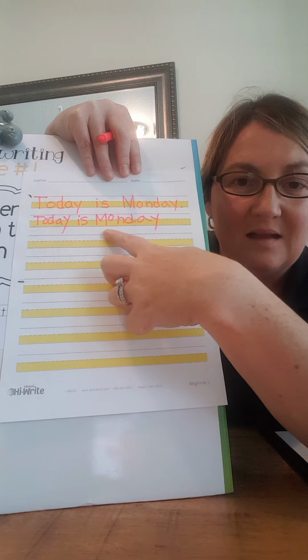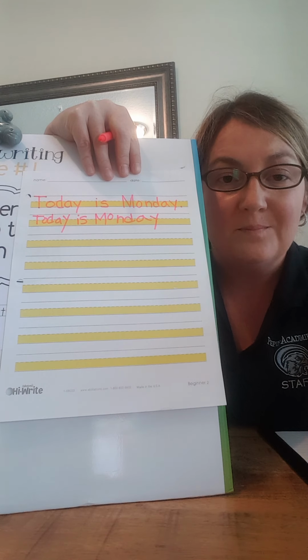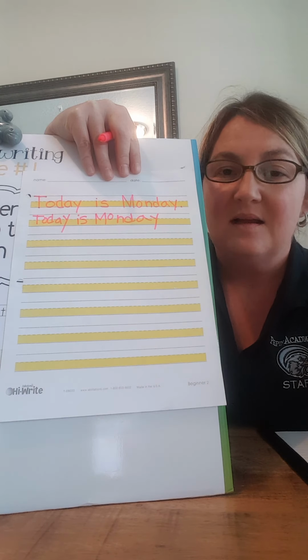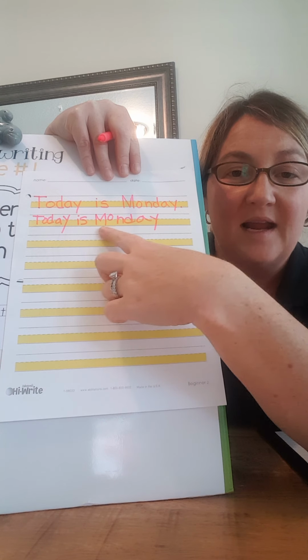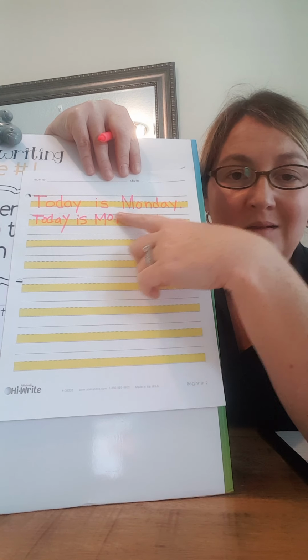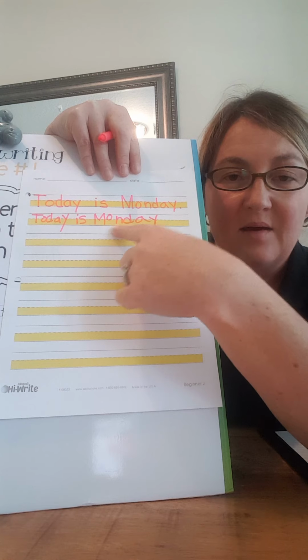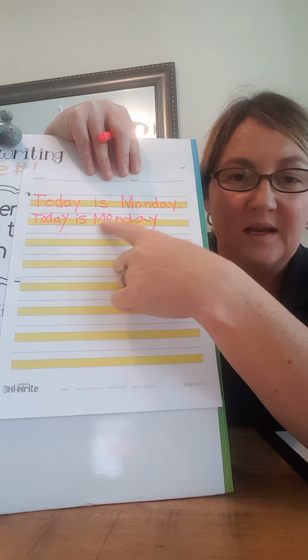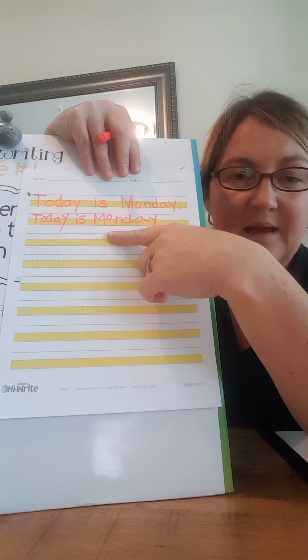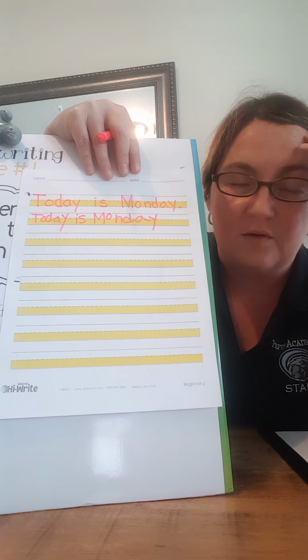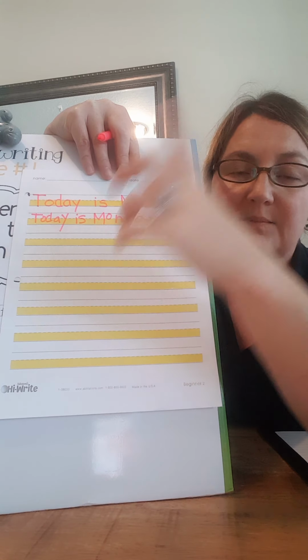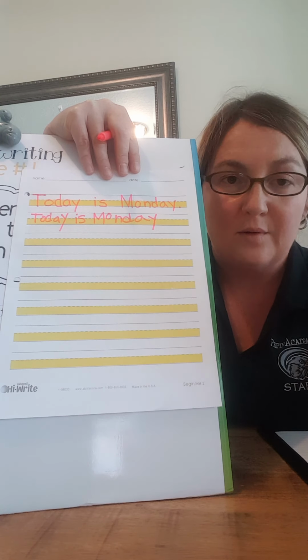But when our letters are sitting on the line, it's like they have a home. They have somewhere to sit. Our letters are going to get tired if they're hanging out up here all day long. They're like, hey now, come help me out. We don't want to be sitting up in the air. We want to be sitting on something, on the line. So think about that in your head when you're writing all your letters, thinking about where they go. Okay, that's an important part of writing.